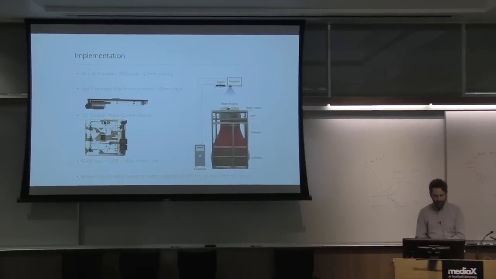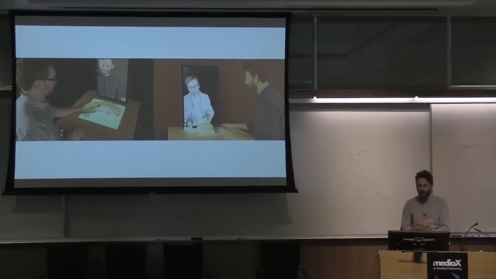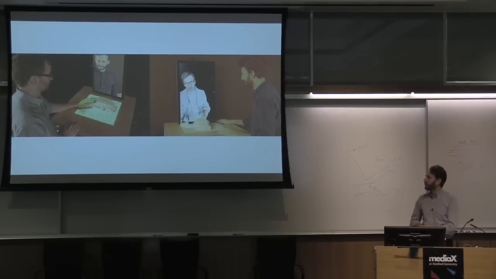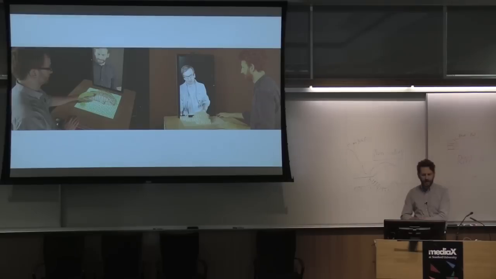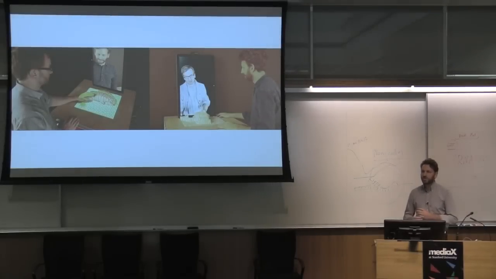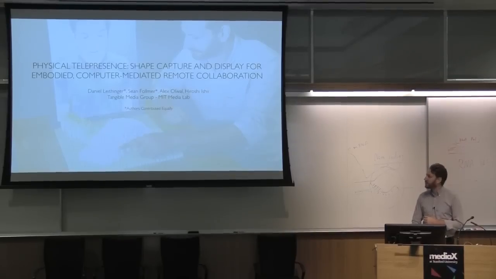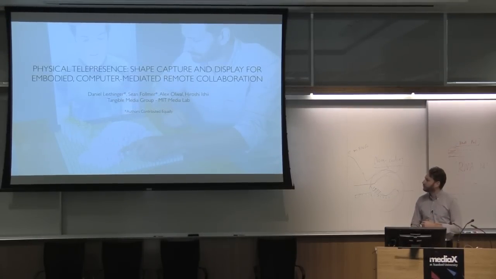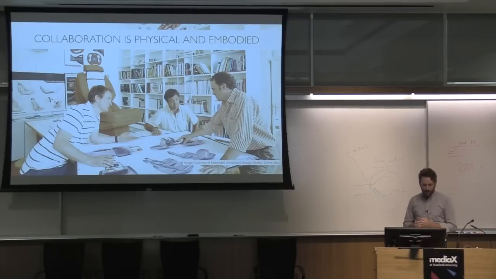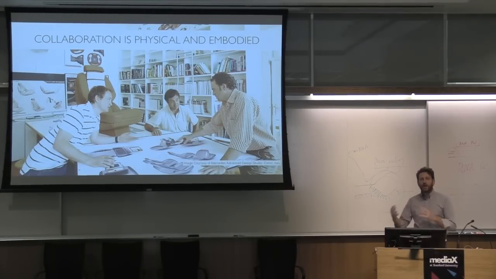But another thing that we think shape displays can really point to is in the space of remote collaboration. This is based on a paper that Daniel and I wrote for UIST 2014. When we think about collaborating in person, it's very different from when we collaborate over video conferencing.